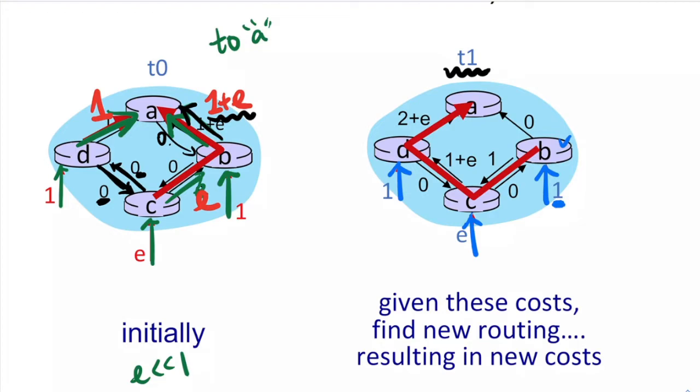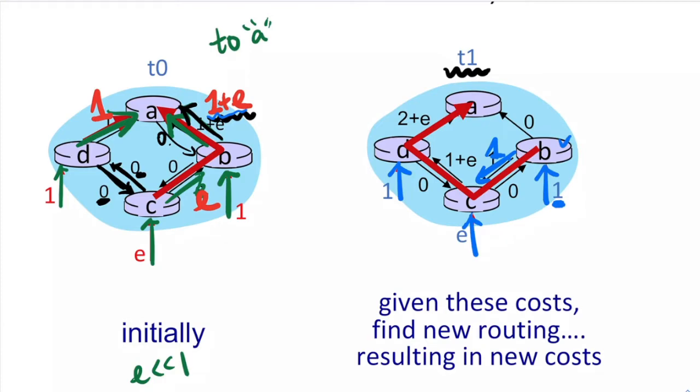If B directly sends the 1 unit of blue traffic from B to A, the cost is 1 plus epsilon. So B will send this traffic to C, and C will help B forward it to D and to A.